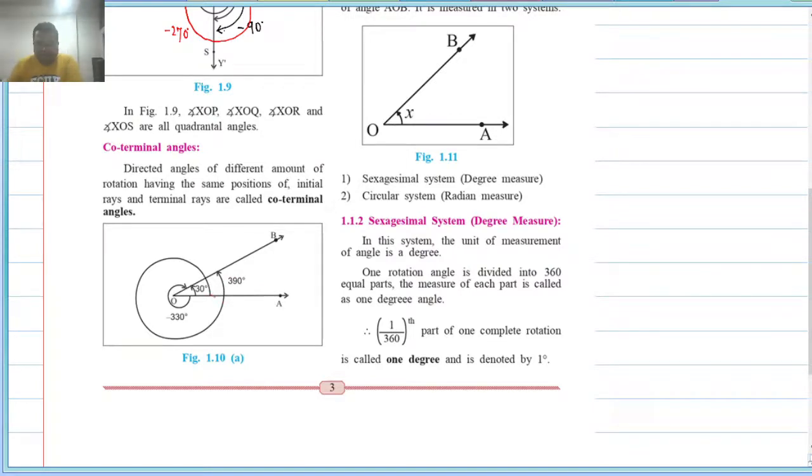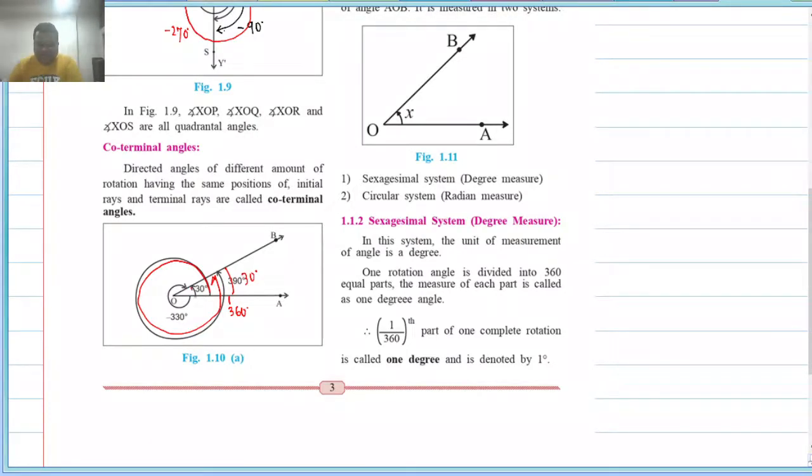Now I start from OA and I rotate like this. So when I reach A, I have rotated through 360 degrees and plus this 30 degrees. So angle AOB, when I measure like this, it is 390 degrees.